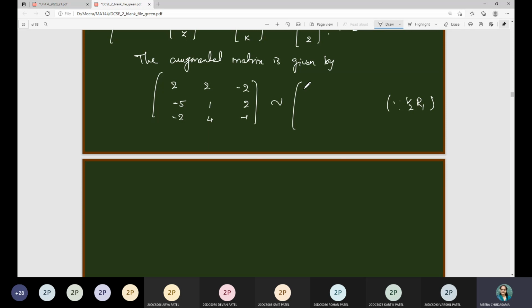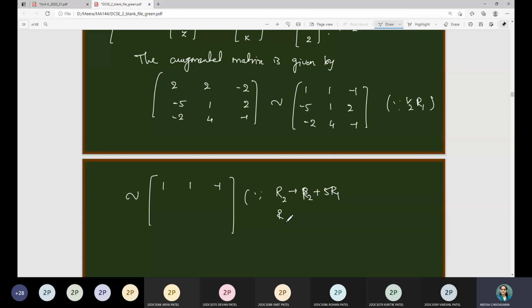So the next equivalent matrix will be 1, 1, minus 1, minus 5, 1, 2, minus 2, 4, minus 1. Next I will make all the entries below the leading 1 zero. So in that case I have to apply R2 plus 5 R1 and R3 as R3 plus 2 R1.